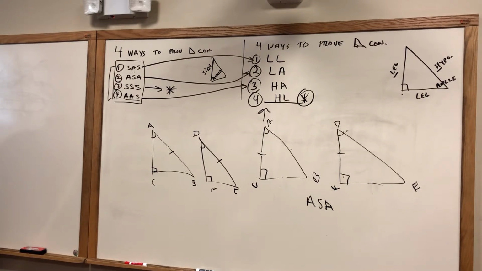LL is congruent to what? Look at the board. Which one is LL congruent to? Side, angle, side. Okay, it's like a dead giveaway if you just wrote that down in your notes. Number 2, HA, what does it go with? AAS. Good. HL, what does it go with? None.